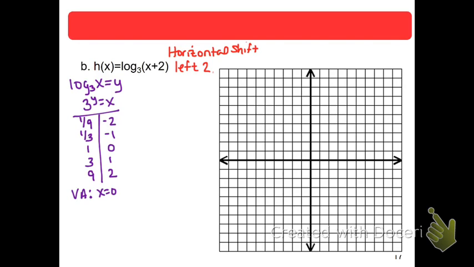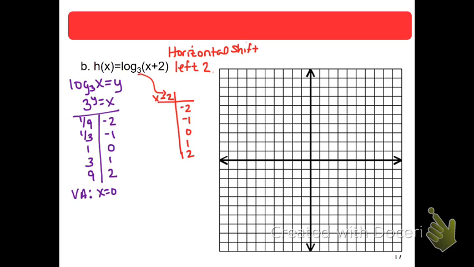So when I go to make my table for this problem, that's going to affect my x values. How? Well, it says +2, but we know we always do the opposite, so we're going to subtract 2 from our x's. My y's are going to stay the same, so I'm just going to rewrite those y values. And then I'm going to subtract 2 from all my x's.